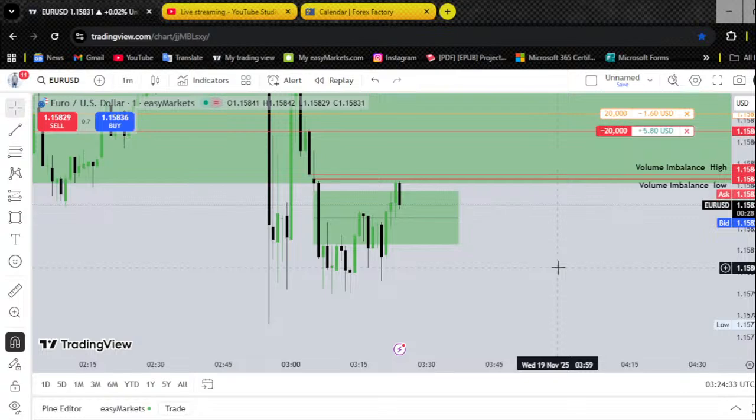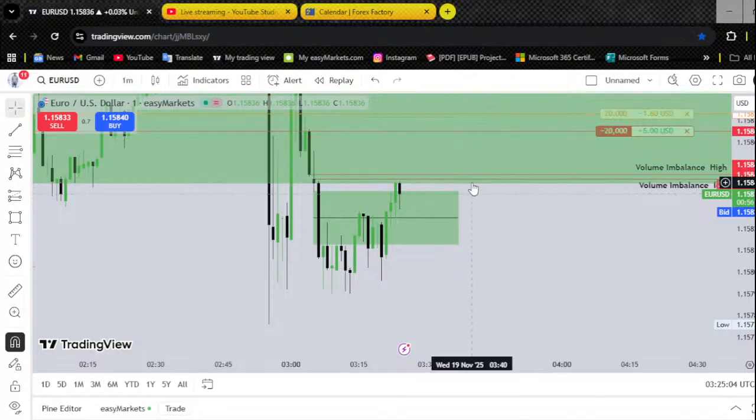My risk is negative 1.6. That's a very small risk. Market is going to close above that. So in the expected candle, it comes to test the volume imbalance.